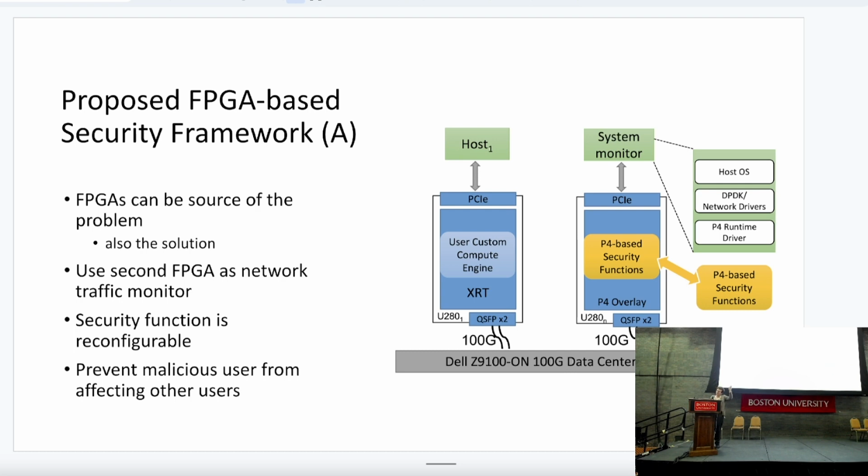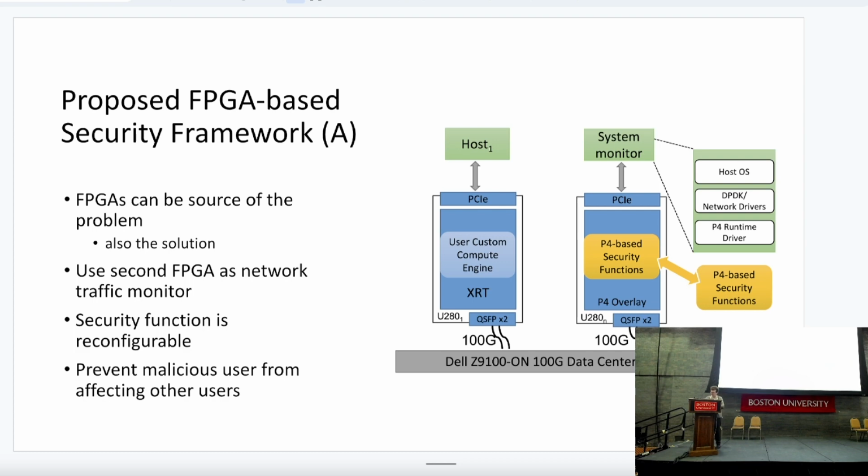It's snooping on the network, if you will, and trying to detect possible malicious behavior from other users on the network. The reason there are two yellow boxes there is we support runtime reconfiguration, which means you can swap out the security functions you're supporting based on whatever's happening at a given time or what you might want to do.